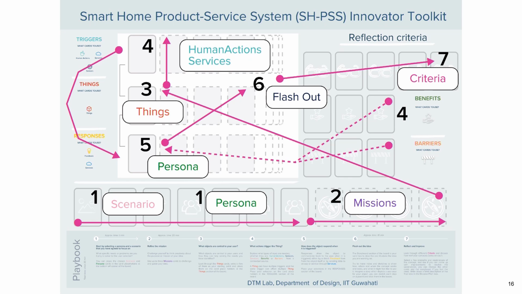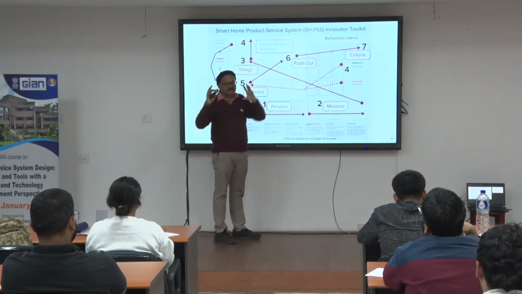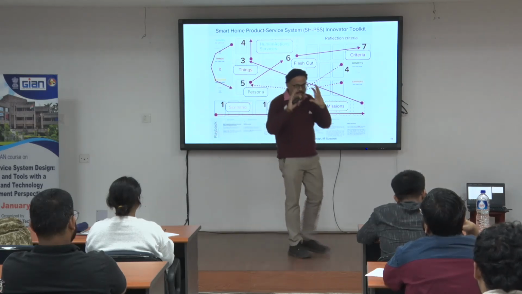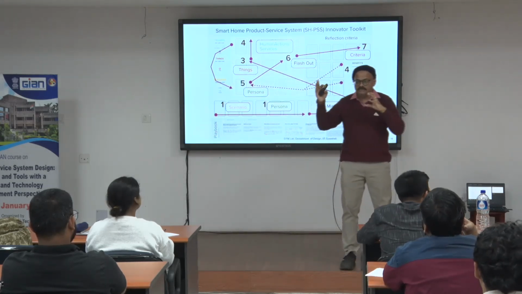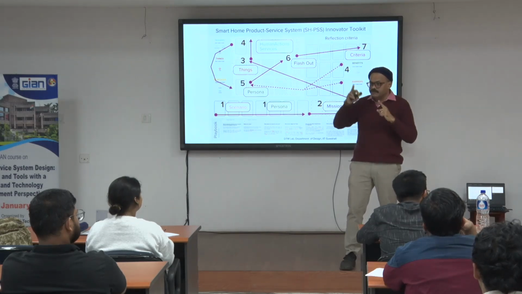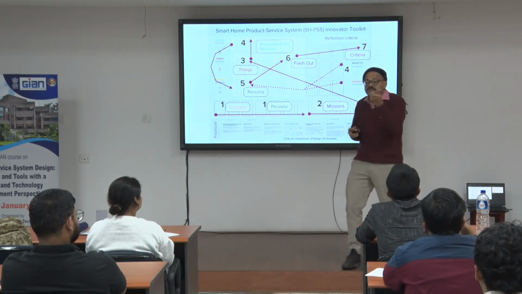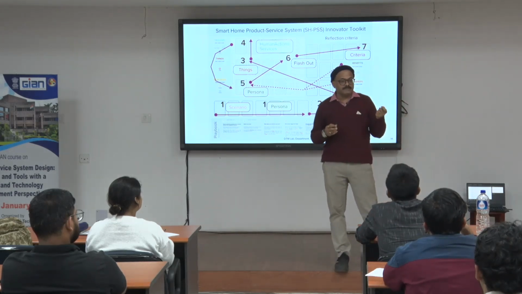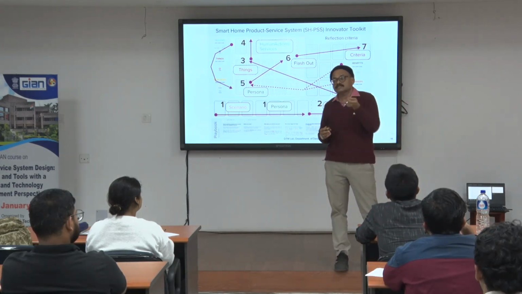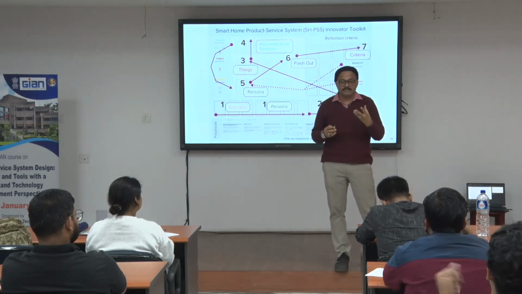So things, triggers, then responses, right? After responses, then you flesh out your concepts, right? So if this is the scenario, if these personas are there in this particular scenario, and if these are the objects that they are interacting with, and these are the triggers that they are getting from these objects, and as a result of these triggers, this is the feedback which is coming to the entire system.